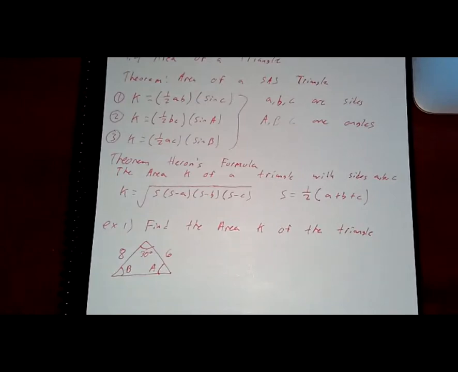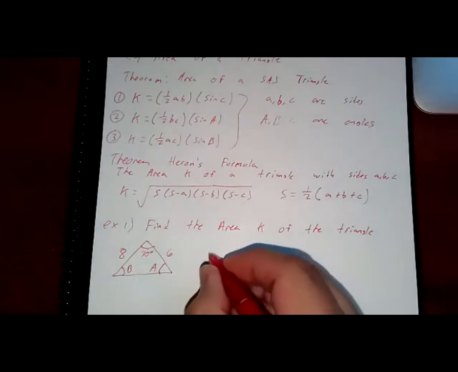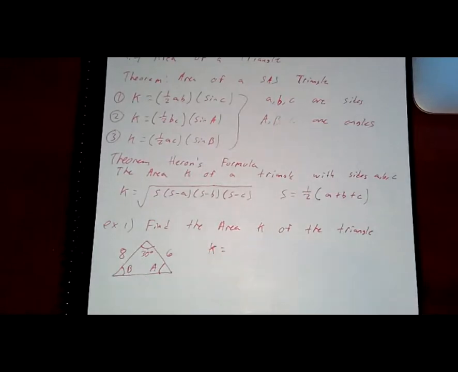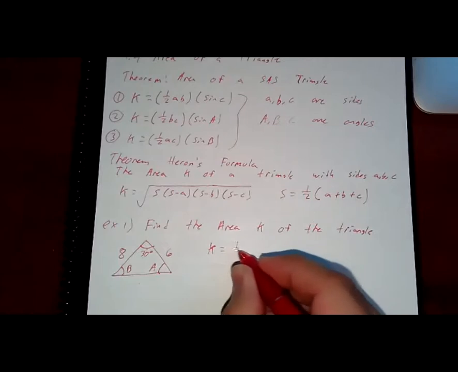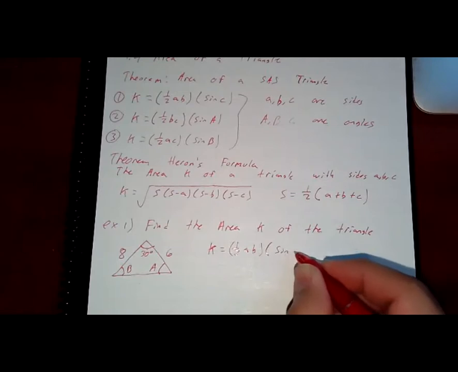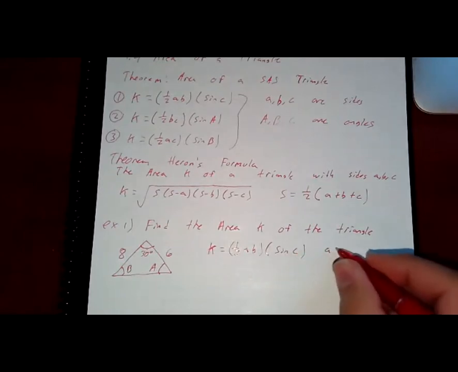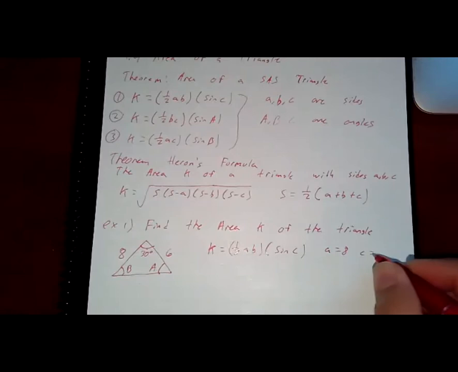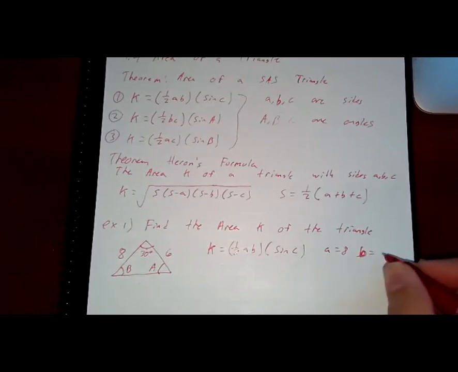So the first formula says if we have A, B, and angle C, then we can find the area. So we don't have to find that missing side, which you could technically try to do a lot of cosines, but it's all right. So K would be equal to 1/2 AB times sine C. So A is 8, B is 6.